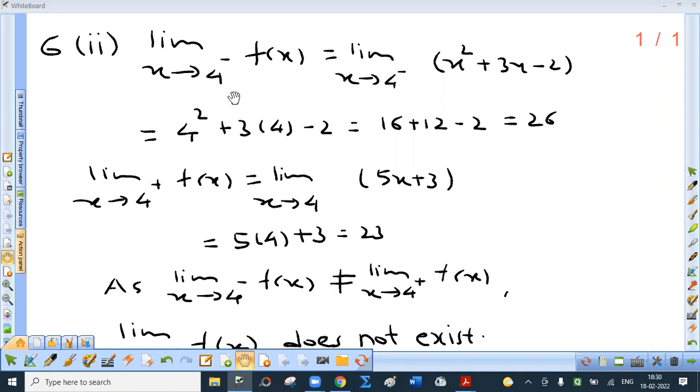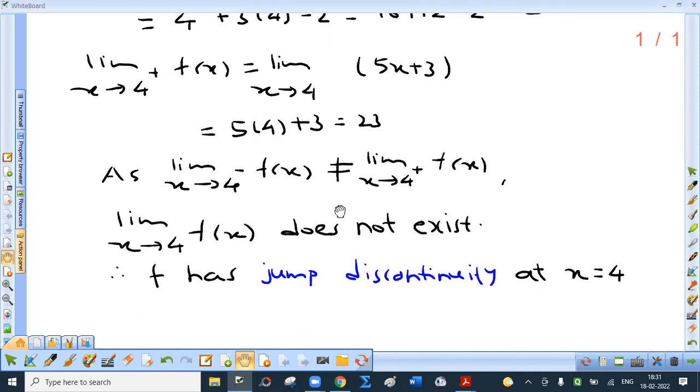It means to the left of 4, meaning less than 4. For that, this function. So 26, right hand limit 23. f(4) does exist, but here you will notice that the left hand limit is not the same as the right hand limit. So the limit doesn't exist. As the limit does not exist, the function has an irremovable or jump discontinuity at x = 4.